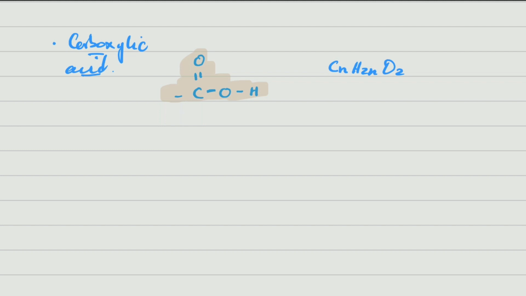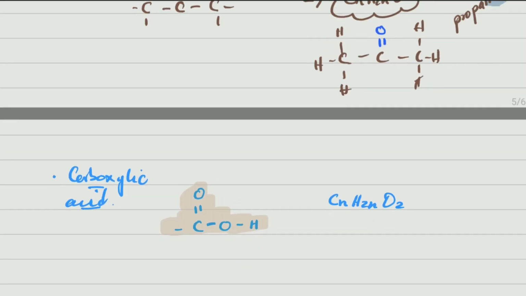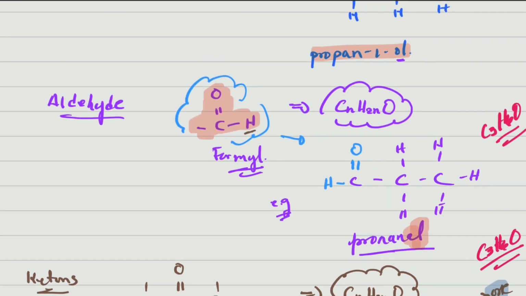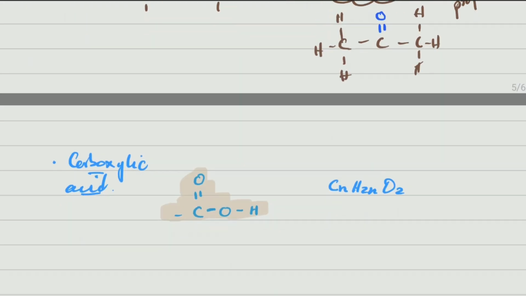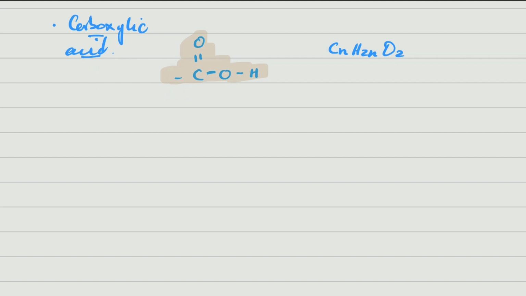And like before, this functional group must be only at the ends. You can see it here in that one, okay? And this functional group has a name which is called carboxyl, and that question is being asked all the time. The name of that functional group is carboxyl.